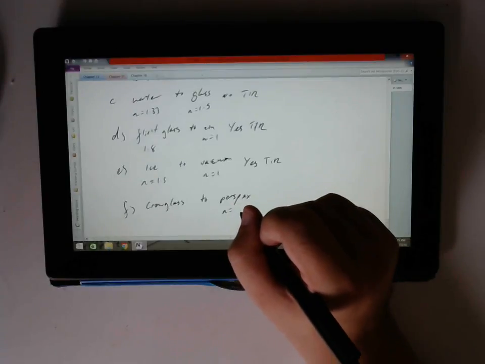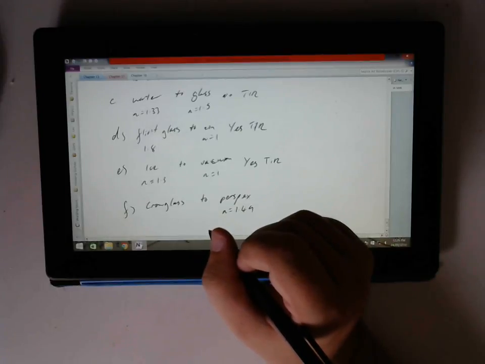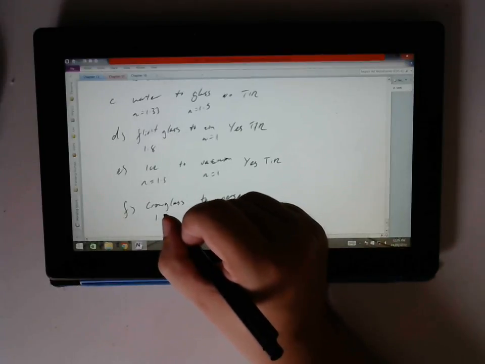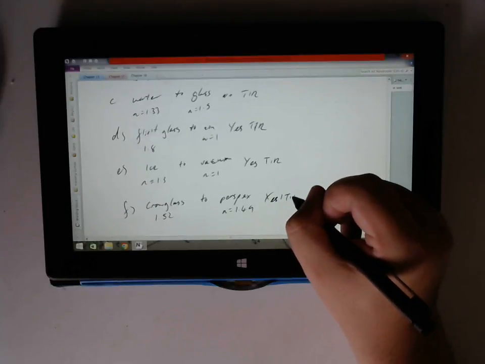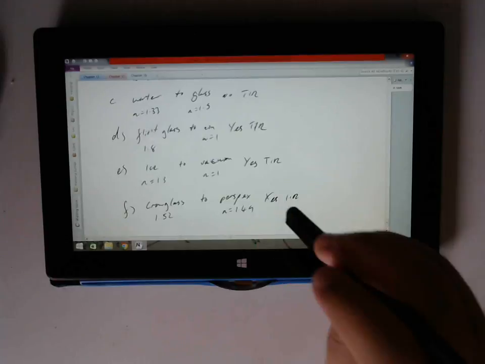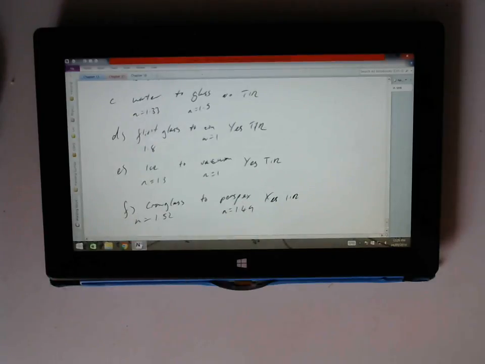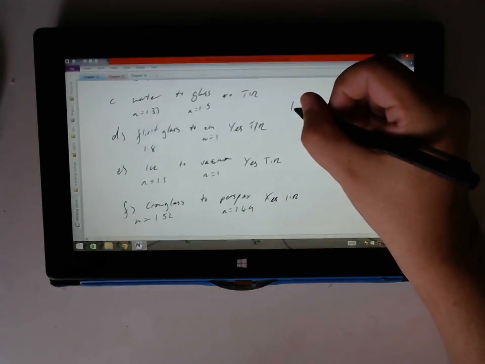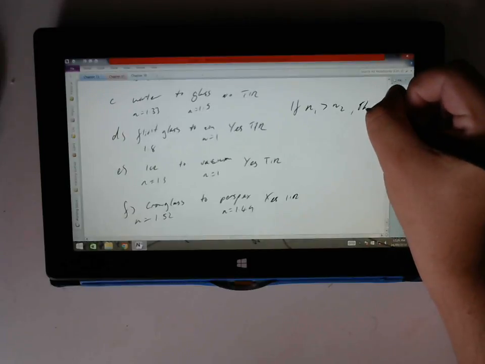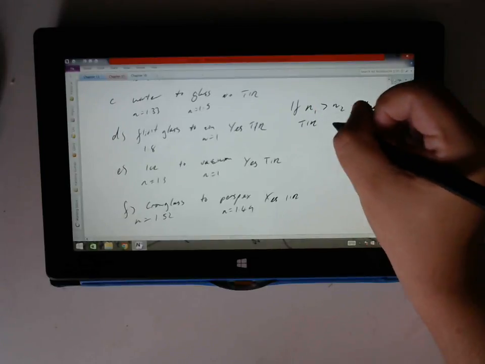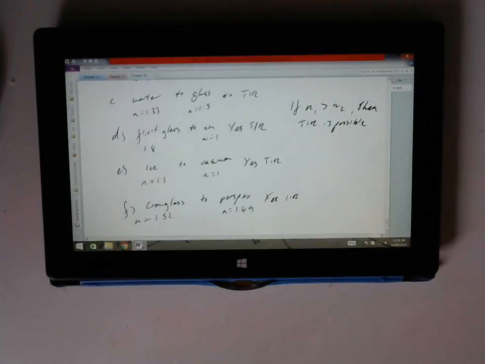Perspex was 1.49, and crown glass is 1.52. So yes, you could get TIR happening because it's a higher number to a smaller number. So the rule is if n1 is greater than n2, then TIR is possible because it refracts away.